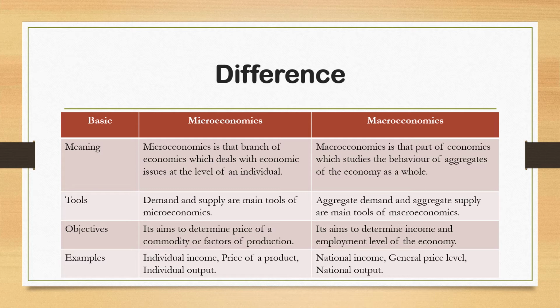For this reason, another name of macroeconomics is income and employment theory. The examples of microeconomics are individual income, price of a product, individual output. The examples of macroeconomics are national income, general price level, national output.